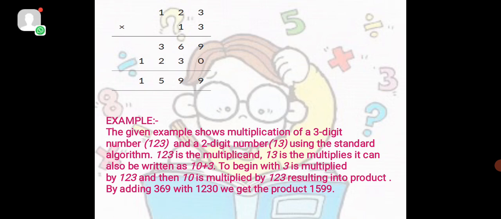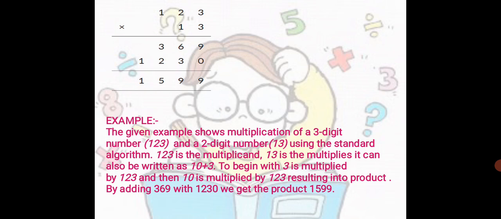What will be the resultant product? Initially, when we multiplied 123 with 3, we got the product 369.